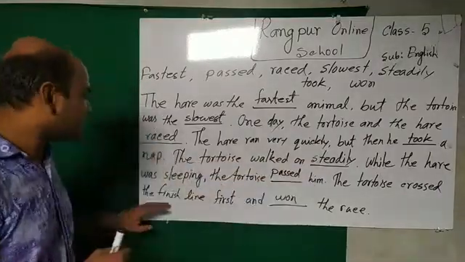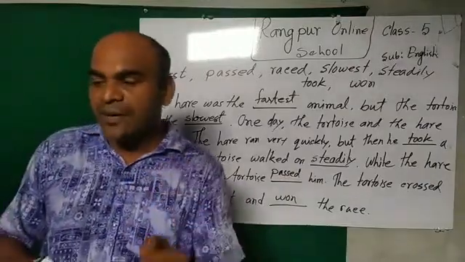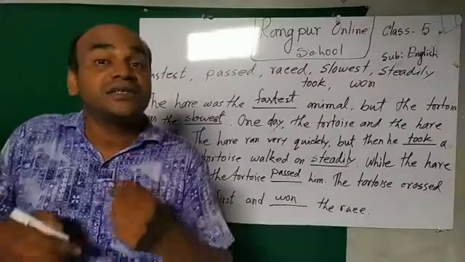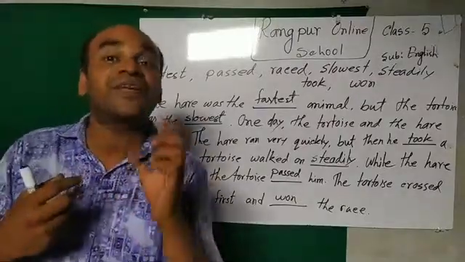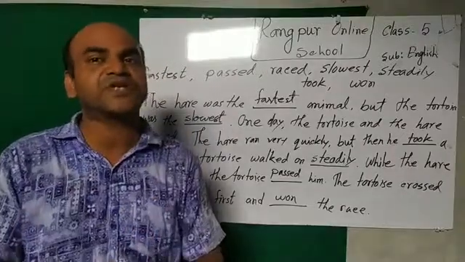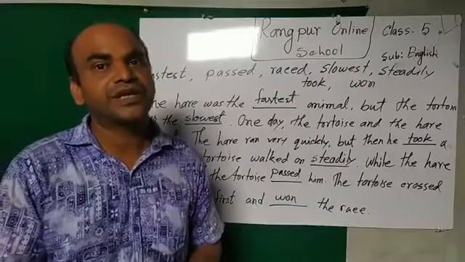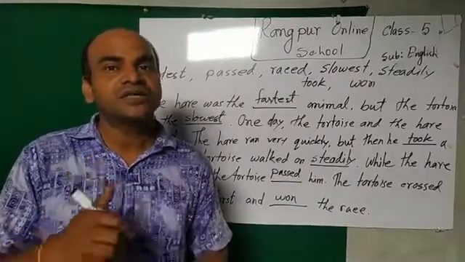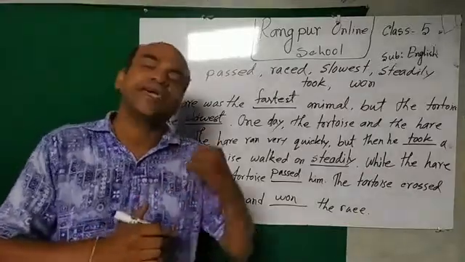The tortoise crossed the finish line fast and won the race. This is the summary, a short description of the story. You can find the full story of the hare and the tortoise.